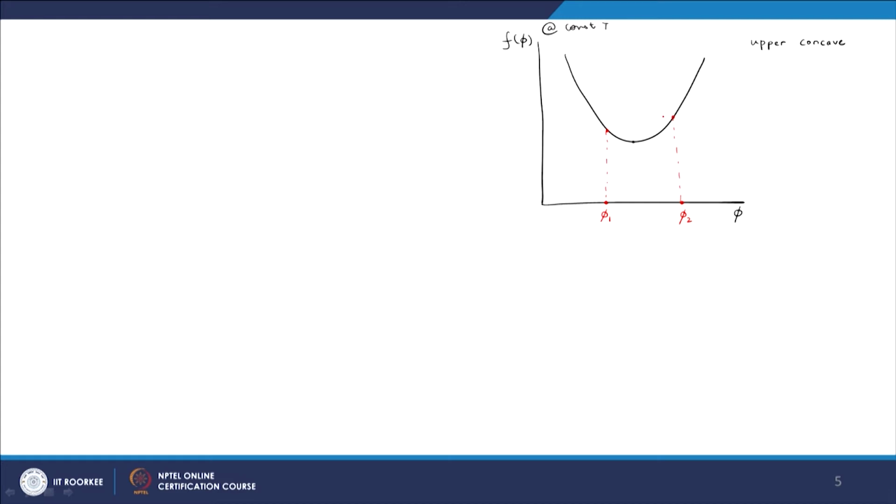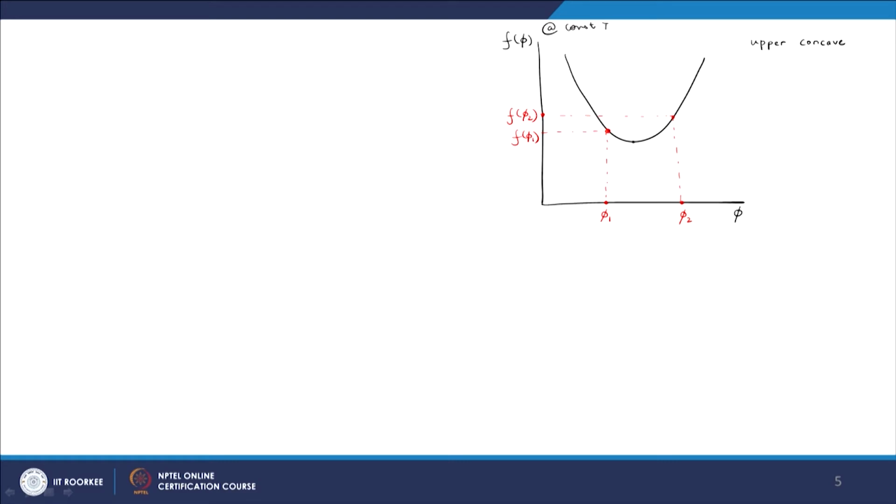Then if I look at the corresponding values of the function, they will be f of phi 2 and f of phi 1.